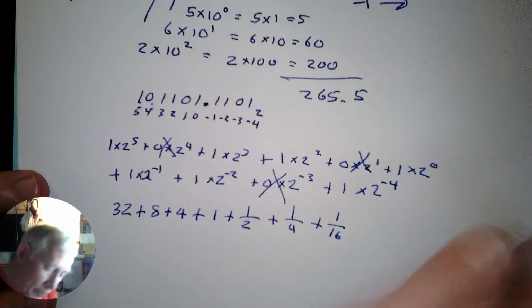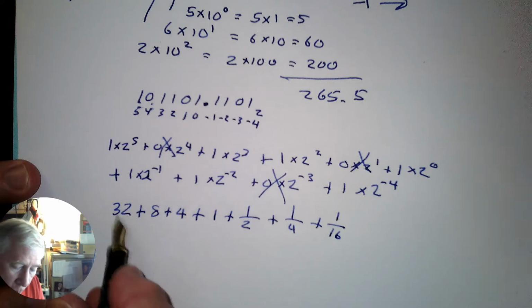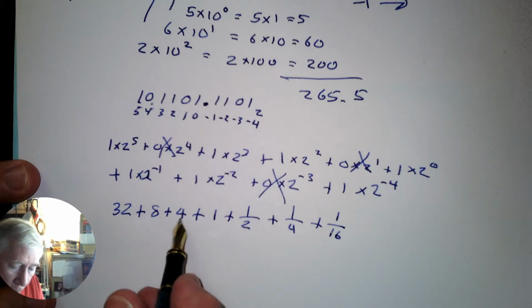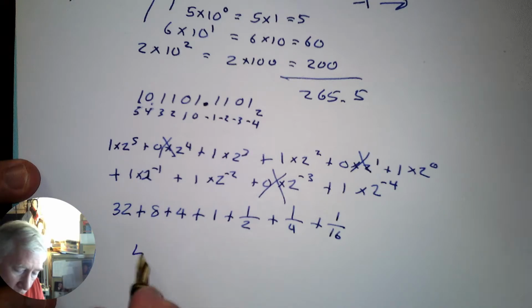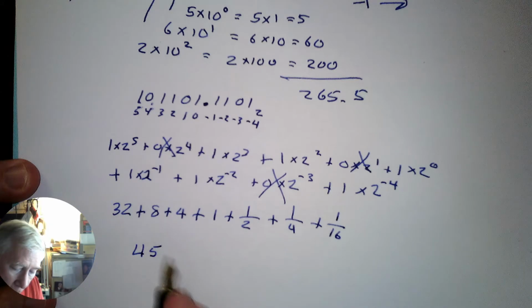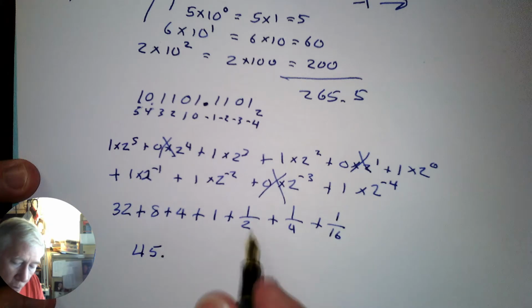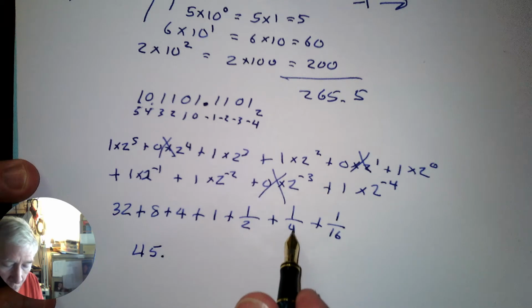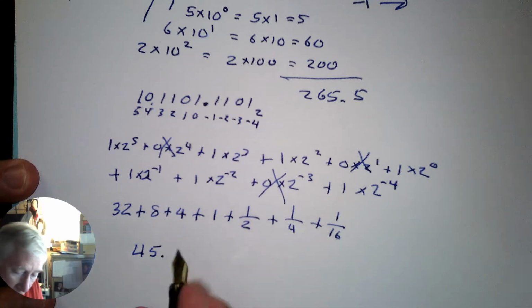So when we add all this up, this is going to be 32 plus 8 or 40, 44 plus 1 or 45, so it's going to be 45 point 1/2, which is 8/16, plus 1/4, which is 4/16, that's 12/16, plus 1/16, 13/16.